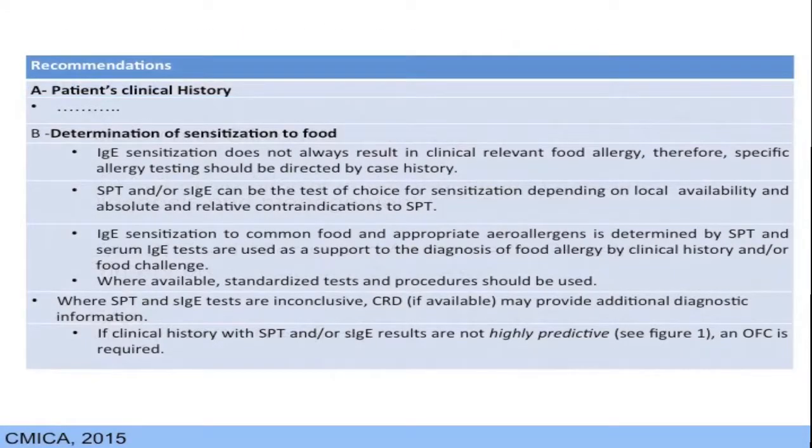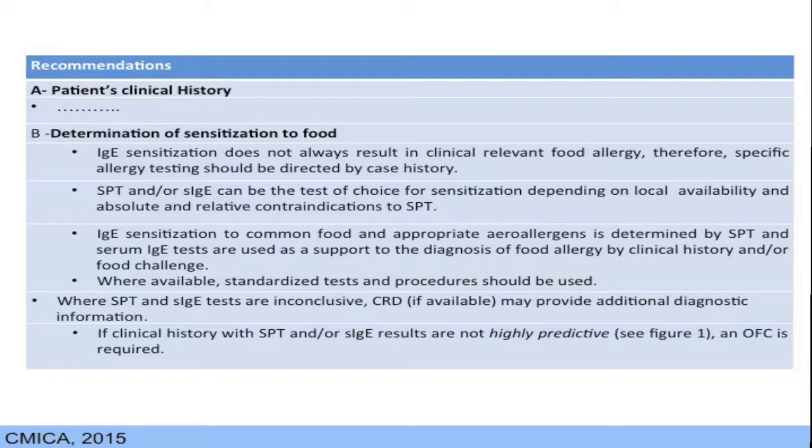What I just wanted, I'm sorry, I have to apologize, the pointer doesn't work. I just zoomed in on the recommendations on the determination of sensitization to food in relation to component-resolved diagnosis or molecular testing. If you go down to the fourth line from the bottom, it says where skin prick test and specific IgE tests are inconclusive, component-resolved diagnosis, if available, may provide additional diagnostic information.